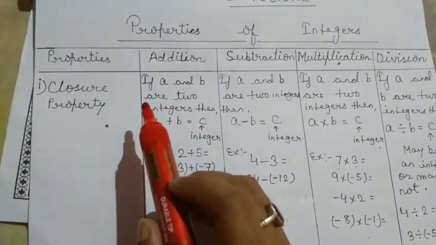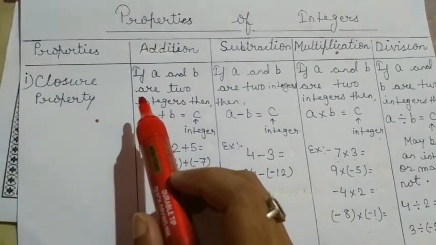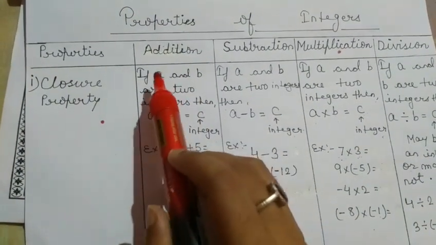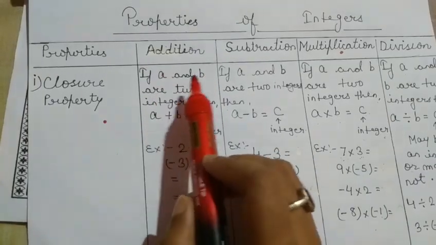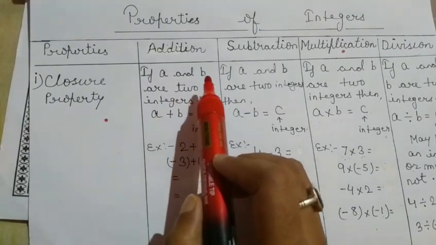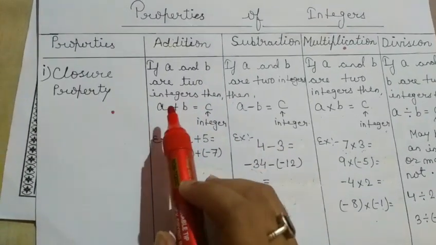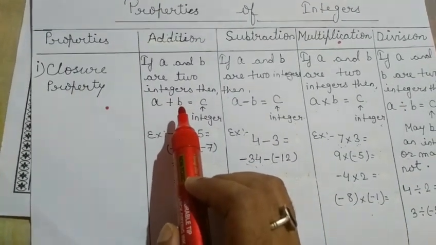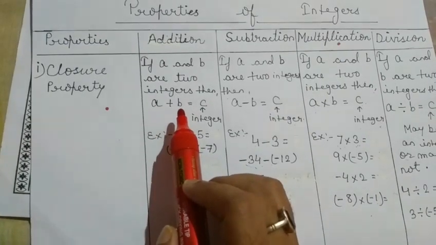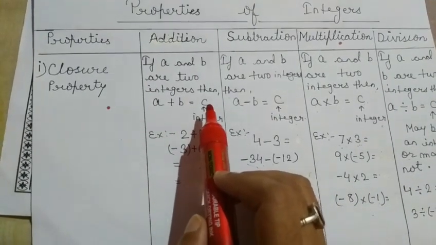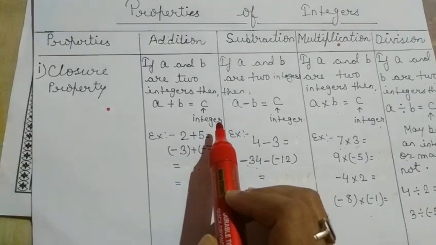So just let two integers a and b. Suppose a and b are two integers, okay? And sum of two integers, that means a plus b is equal to c, where c is an integer.